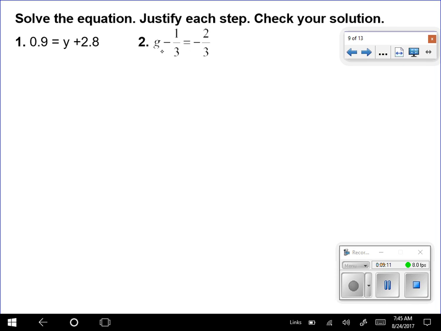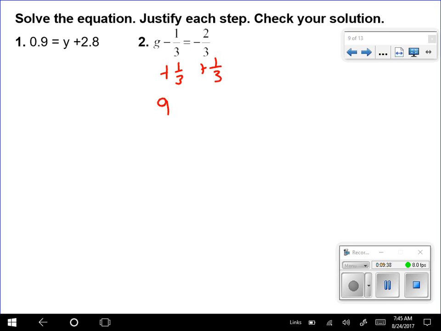But look here, we have g minus 1/3 equals negative 2/3. This doesn't change anything because we have fractions involved. We're still going to work the same way, inverse operation. So I'm going to add 1/3 to both sides because I'm trying to get g alone, and that's the inverse of subtraction, adding. So if I do it to this side because of my property, addition property of equality, I'm going to add it to the other side.